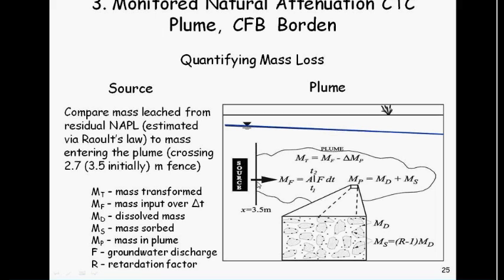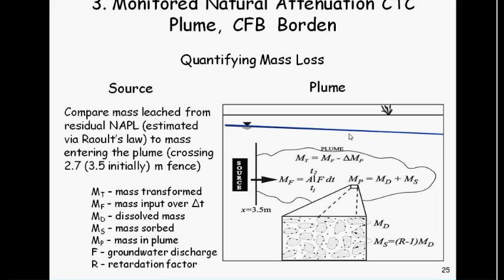So the mass flux into the plume over a certain time period was the time period times the groundwater discharge through a cross-sectional area.